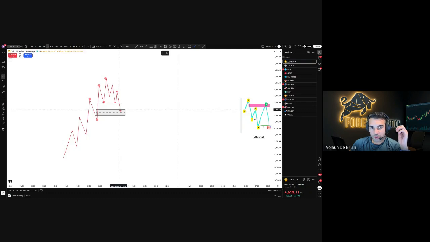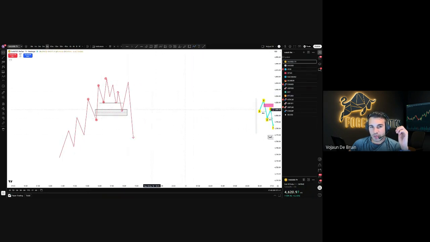What price will then do is it will flip up. It will now sweep our 6-step liquidity and then give us the trade down. So what did we actually do? We made sure that our bullish 6-step reaction that we got here did not give us a break of that level. That's the most important part.